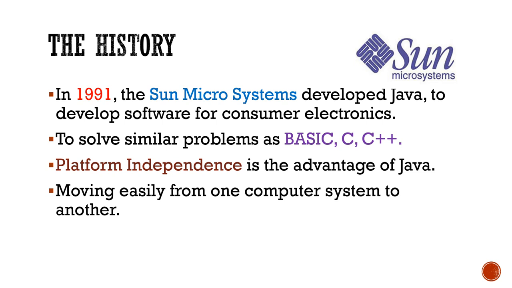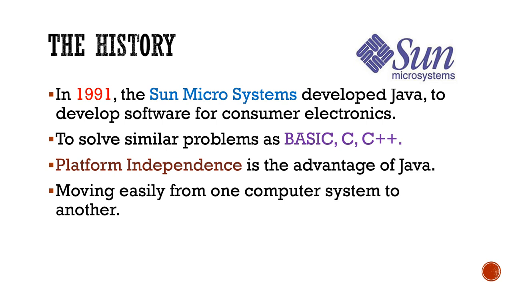They need some software to run those, so they used Java programming to develop it, to solve similar problems as basic, C and C++. So before Java they were using basic, C and C++ to do this. Then they finally came to Java.